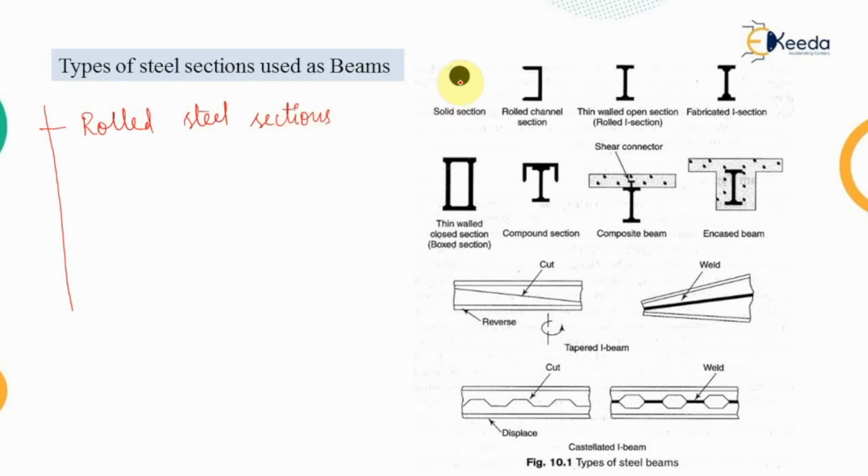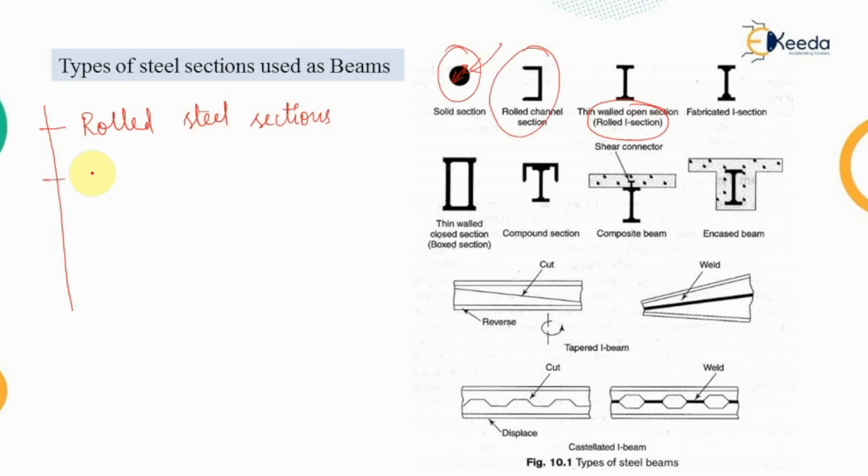That means if you ask in the market that you require a solid section of steel member having a certain diameter, then it will be readily available. Similarly, the channel section, the rolled I section or fabricated I section are the types of sections which are readily available in the market.